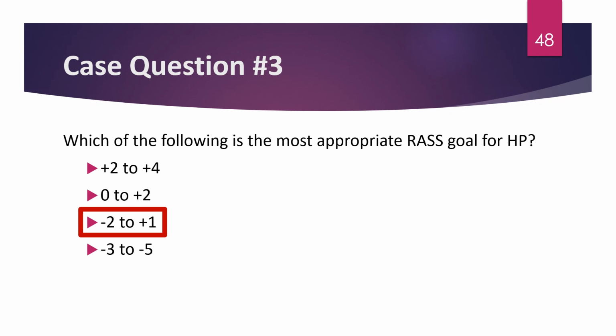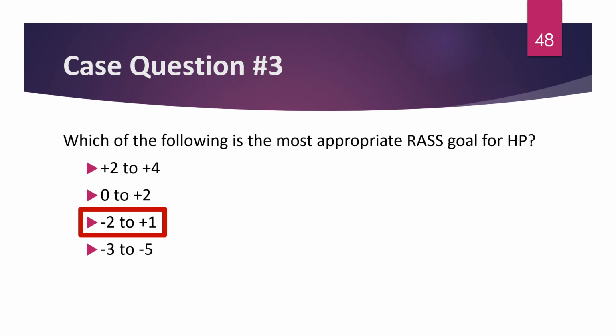You would want them to be at a -3 to -5 potentially whenever you're intubating the patient. So upon induction, -3 to -5 might be most appropriate because they might be paralyzed. If you are going to eventually continue a paralytic agent continuously, -3 to -5 would be the most appropriate.